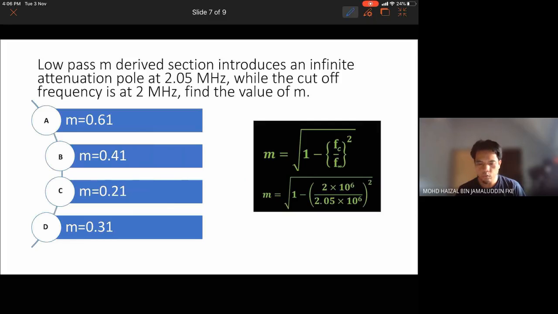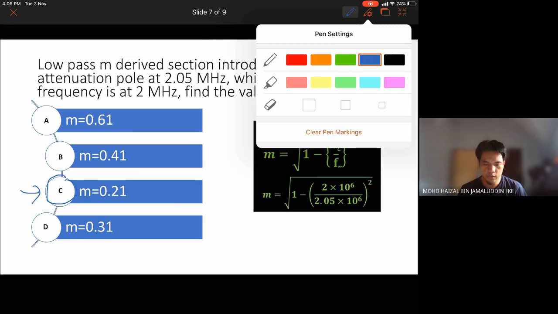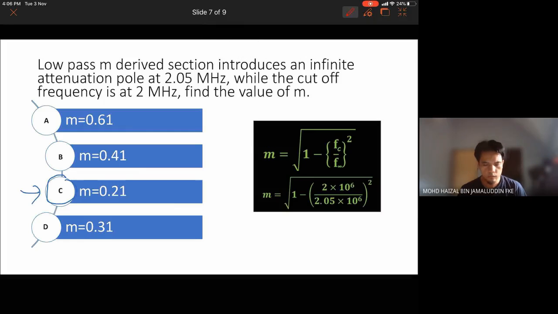So we just include the value of the frequency, and finally I think the answer will be 0.21 if I'm not mistaken. Anyway, you can calculate by yourself. Oh, I think maybe 0.6. Okay, so you need to calculate by yourself.